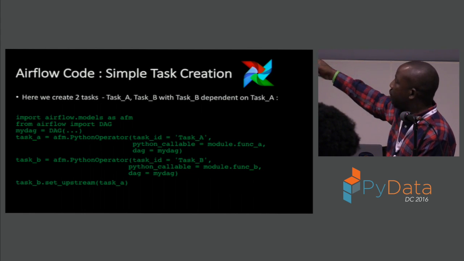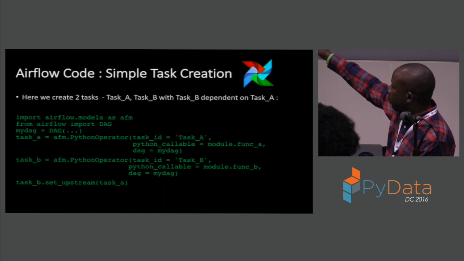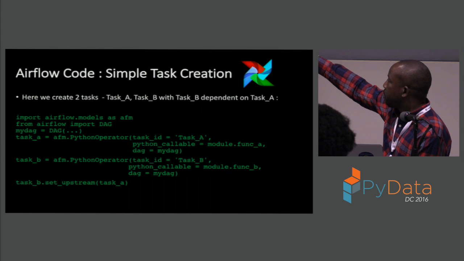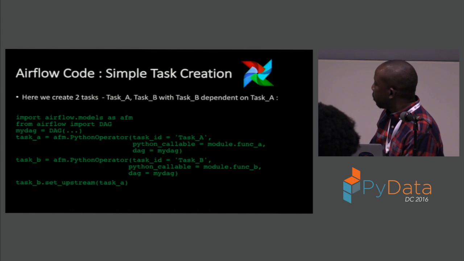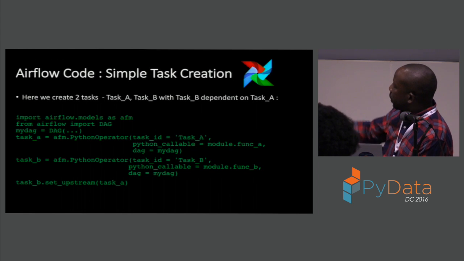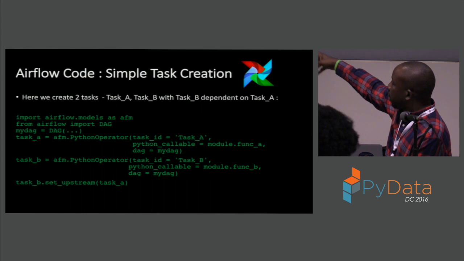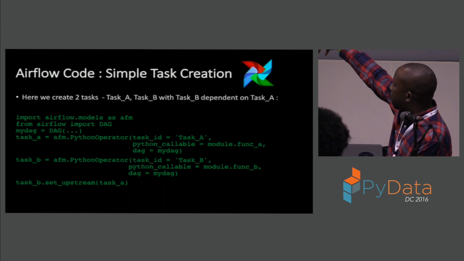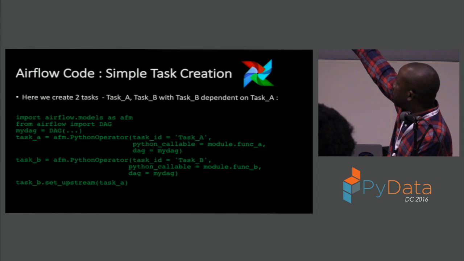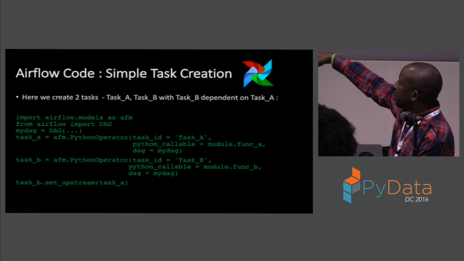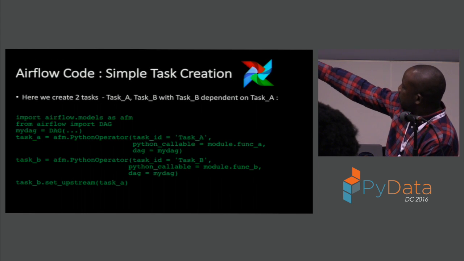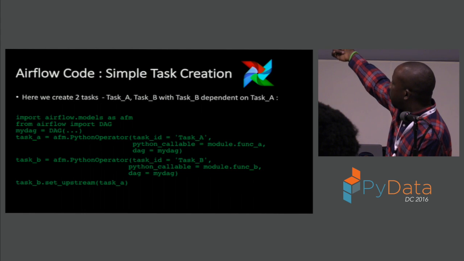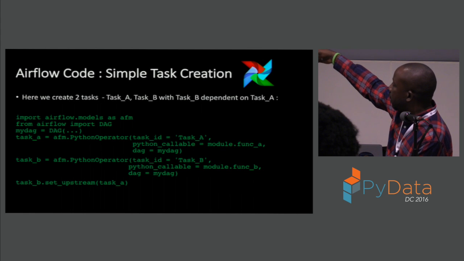You can create a DAG with various arguments that I didn't include for interest of space, but you can have default args that you pass to the DAG. You specify that this task is a Python task, what module should be called, and a task ID, along with the DAG. For task B, you have another module, and that's how you define that task.